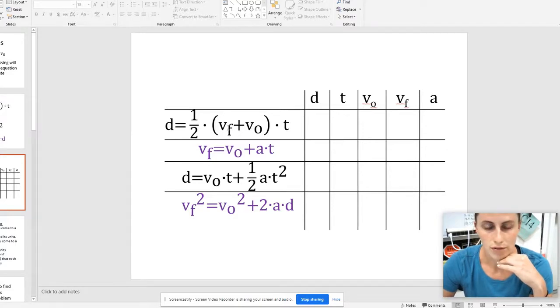We have a velocity final here, so we put a check mark right there. We have a velocity initial here, we'd put a check mark there. We have a time here, we'd have a check mark there. When the variable is not present in the equation, I want you to put an X. We do not have acceleration, so you're going to put an X right there. Again, pause the video and complete this.